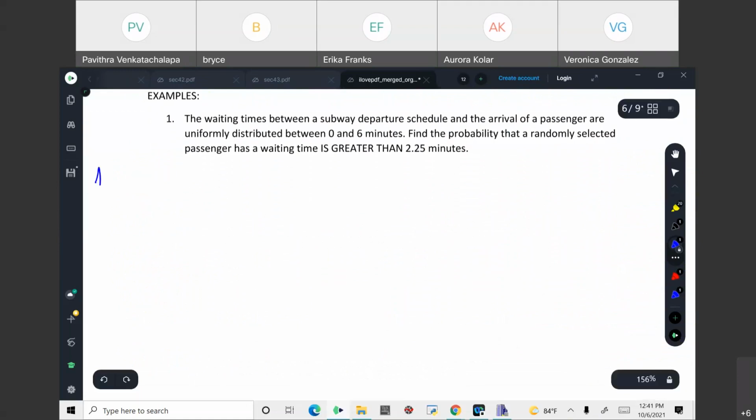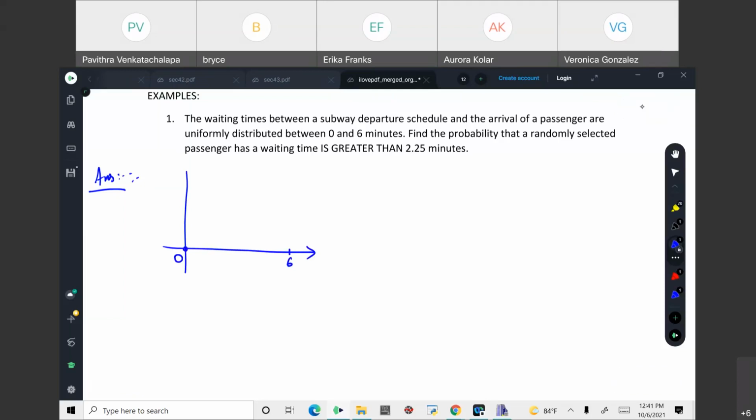Okay, now always draw the picture. Now it is from 0 to 6, right? The waiting time is between 0 and 6. Okay, now what do we have to find? We need to find the probability or the area greater than 2.25.